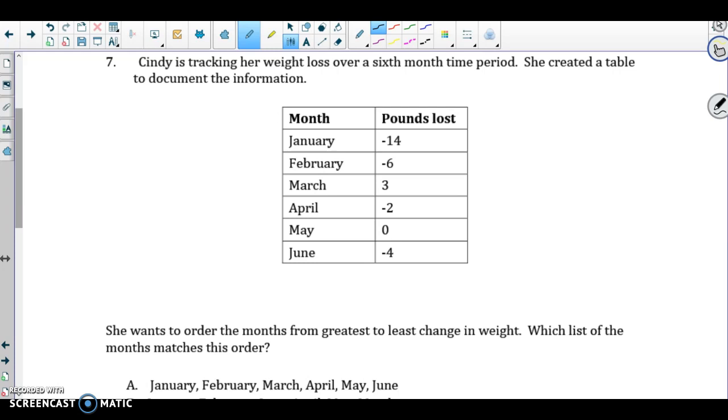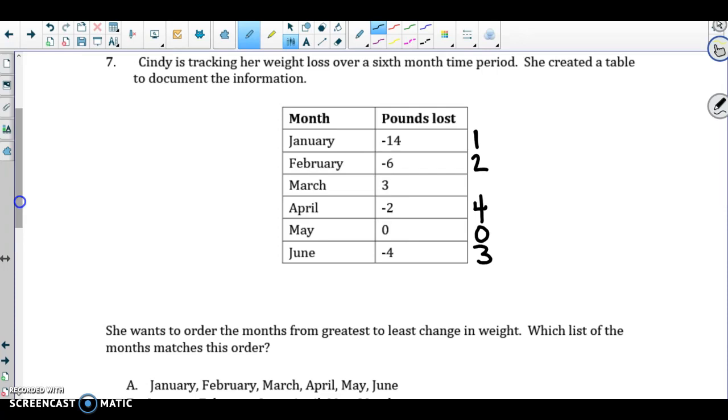Now keep in mind, the greatest amount of weight lost is going to be actually our negative 14, right? So that's our greatest amount lost. And then -6 would be our next, and then -4, and then -3, and then 0 because she didn't gain or lose any, but then she gained, so her amount lost was not there.